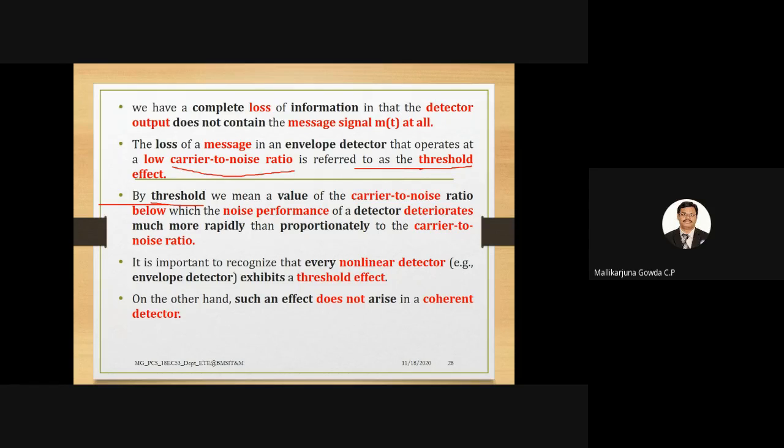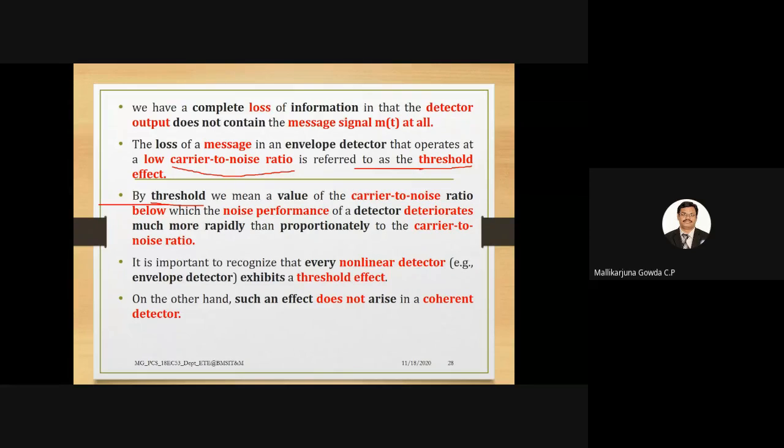So threshold means what? A value of the carrier to noise ratio below which the noise performance of the detector deteriorates much more rapidly than proportionately to the carrier to noise ratio. This is how we define the threshold effect.